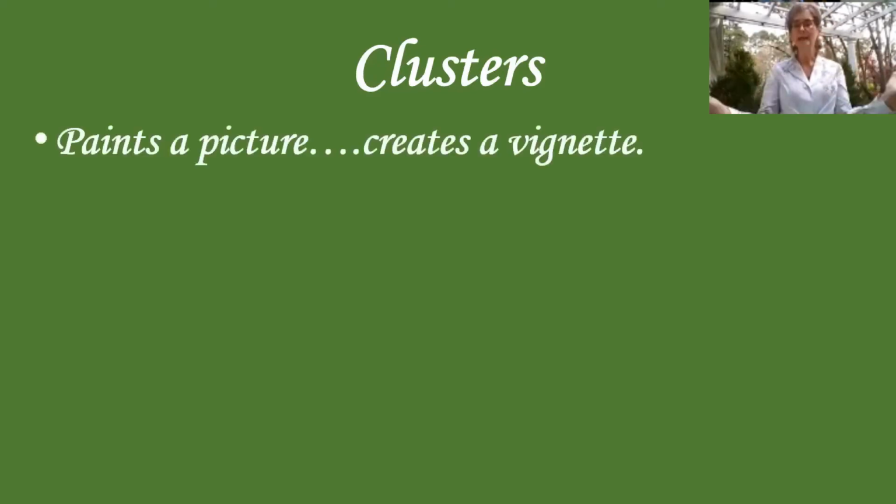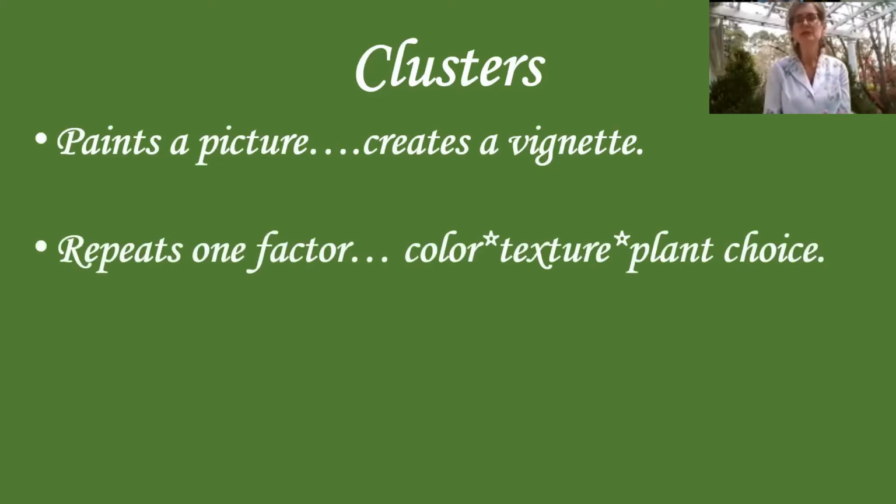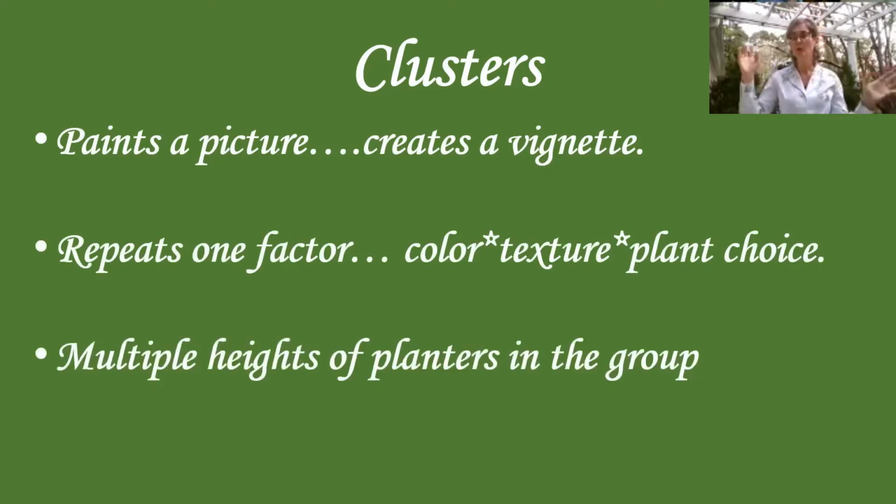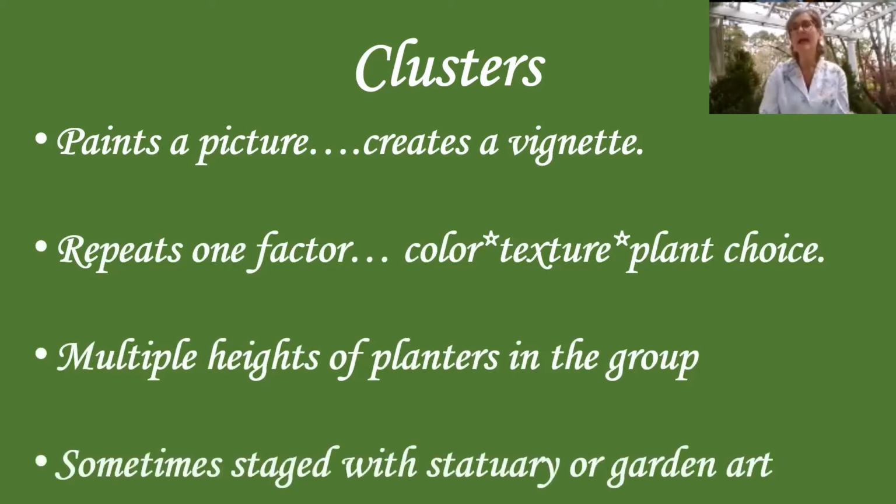When you cluster together a group of planters, it can paint a picture and create a vignette. It can repeat one feature like color, texture, or plant choice. It really helps to have multiple heights of planters or to stage them at different heights. And sometimes you want to stage them with some statuary or garden art, which is one of my favorite things to do.